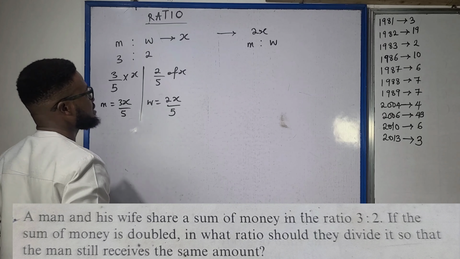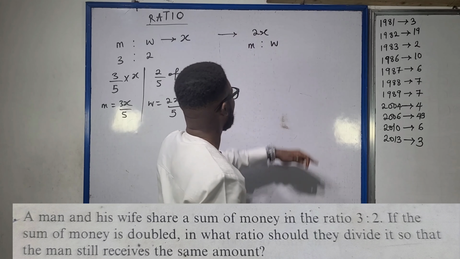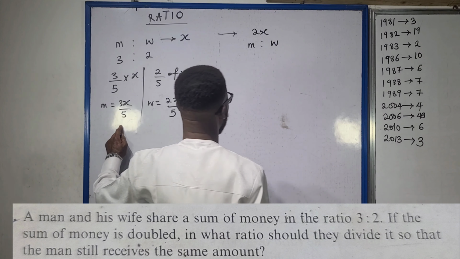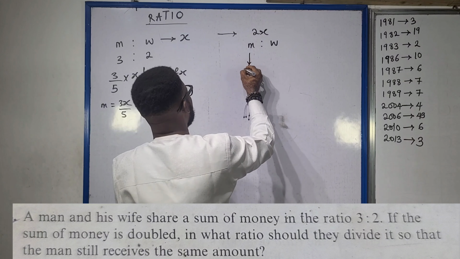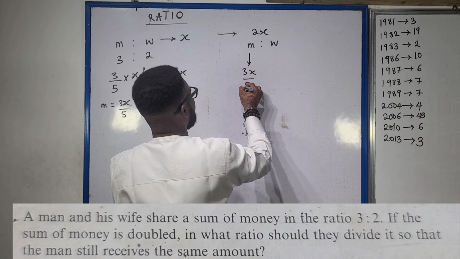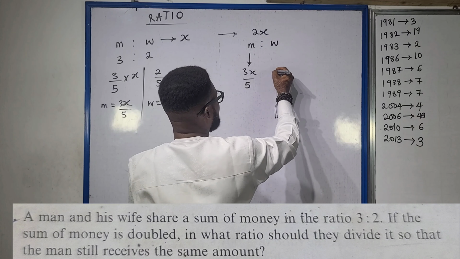That is in the first instance. Now the amount of money has been doubled, so we want to share this in such a way that the man still gets 3x over 5. So in what ratio are they going to share?